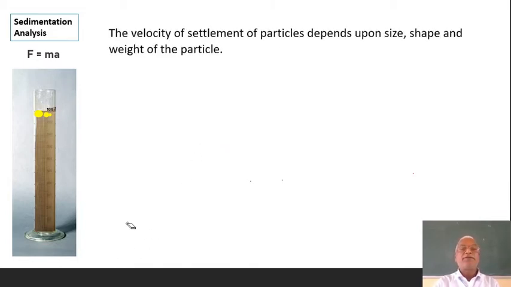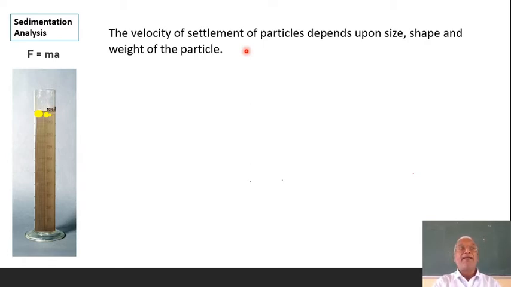The velocity of settlement of the particles depends upon the size, shape and weight of the particle. This is an important factor in sedimentation analysis. Here I have shown a bigger particle, a smaller one, and then a still very small particle. Like that, size as well as shape. The shape I have considered here is all wrong. You know that soil particles have quite different shapes, especially the particles which are lesser in size, like 75 microns, and then nearing clay size, like 2 microns.